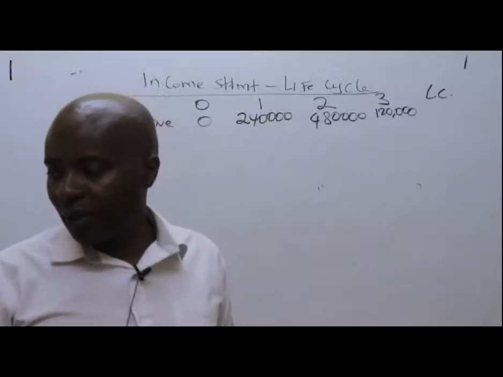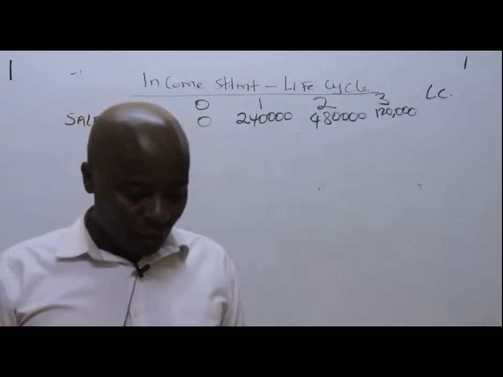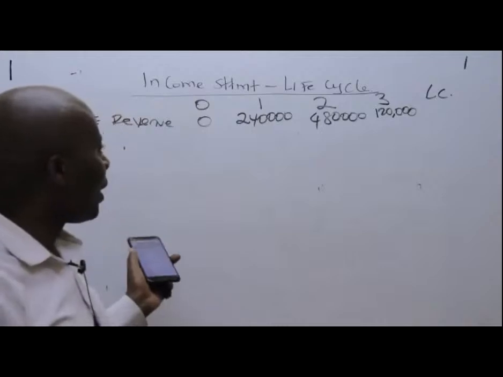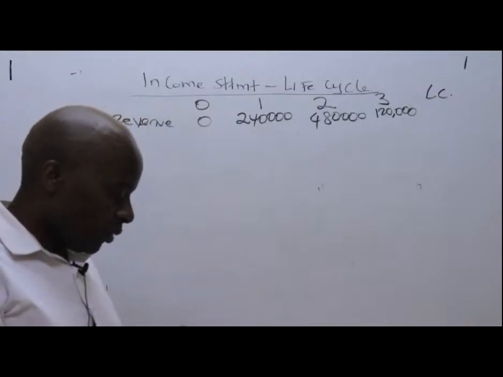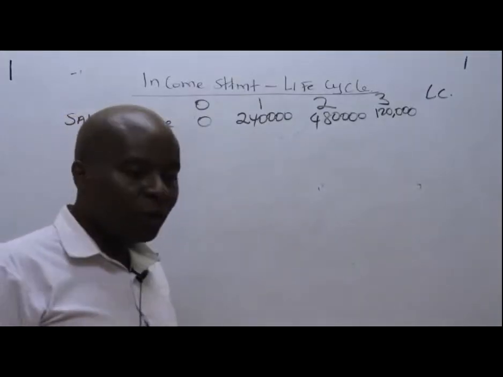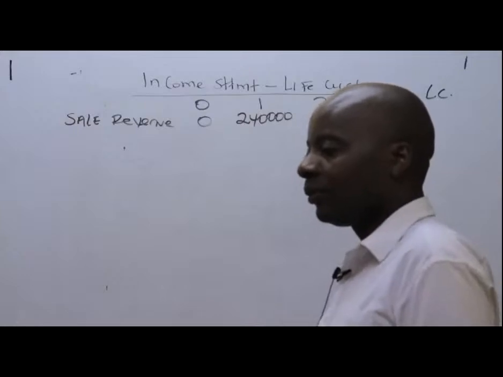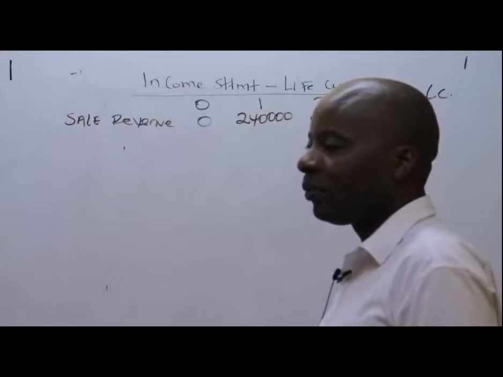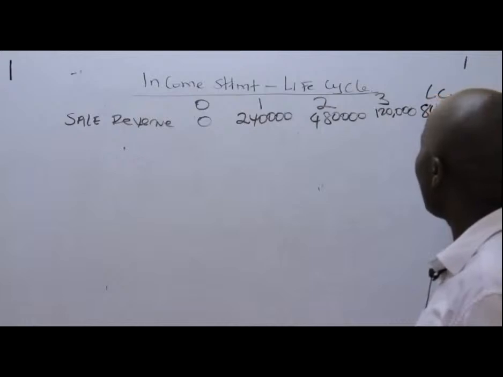You add: 0 plus that one, plus that one, plus that one. What figure do we have here? 840,000.